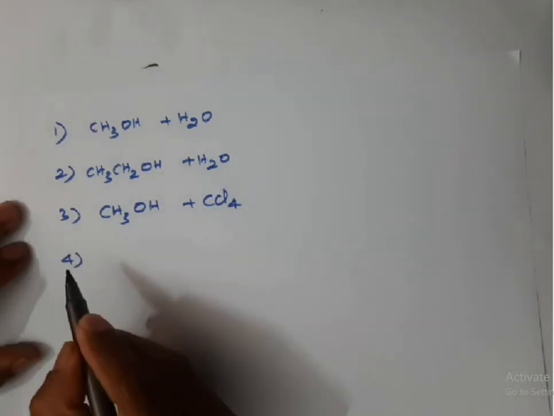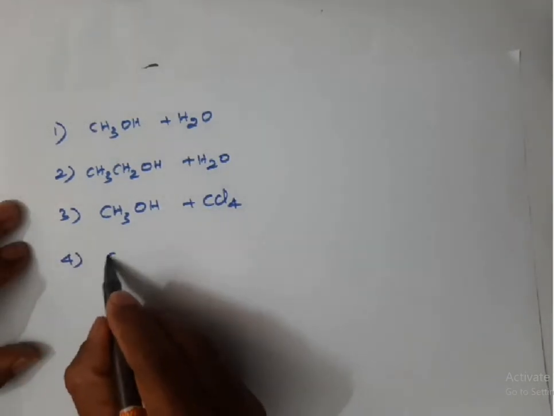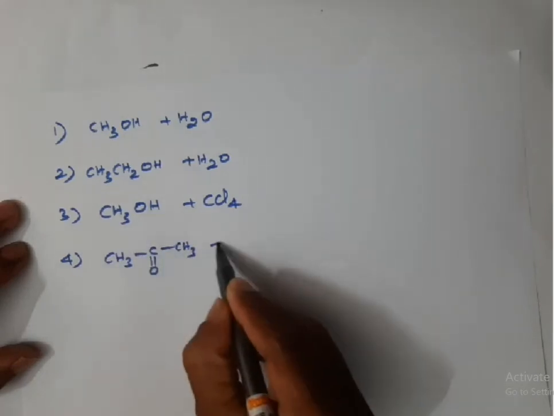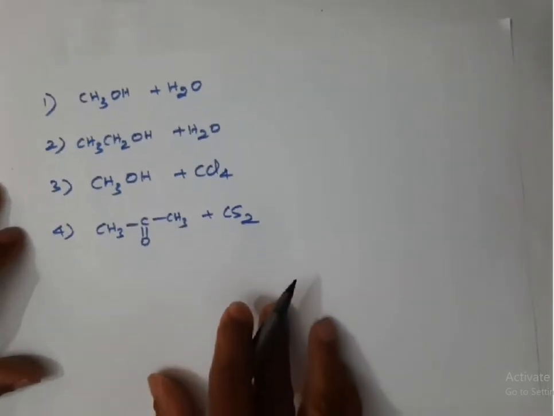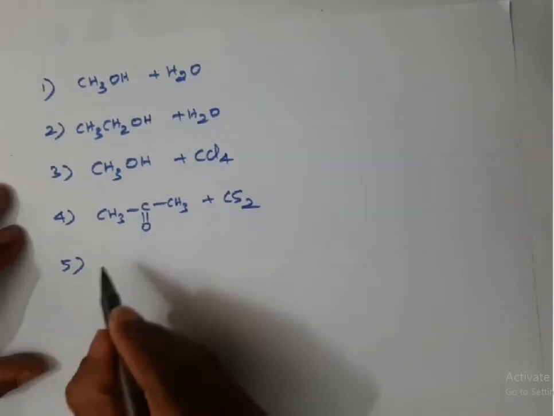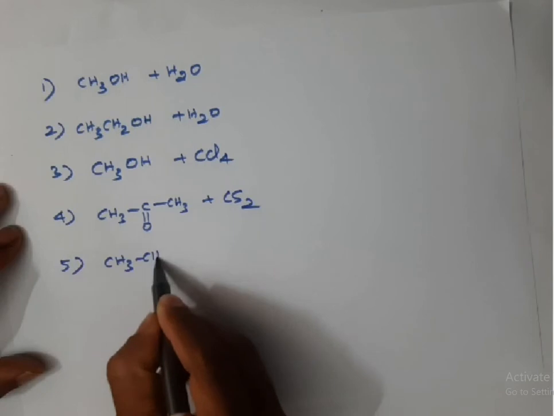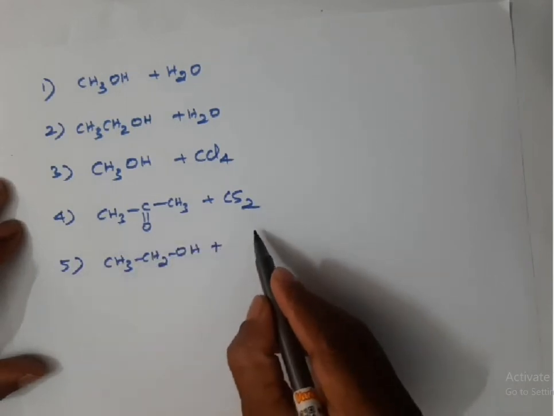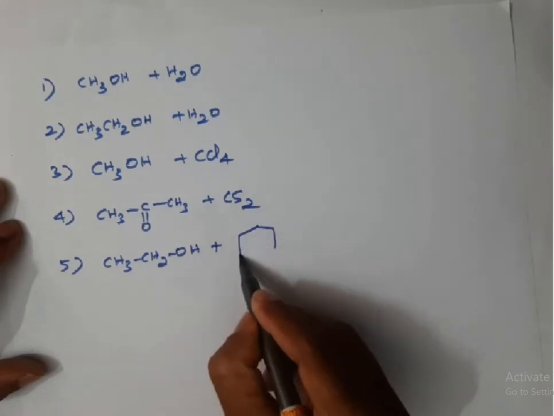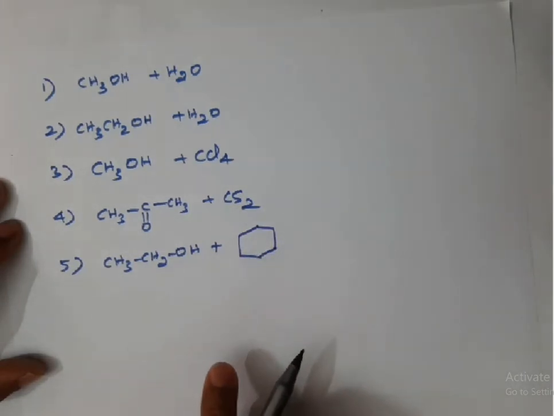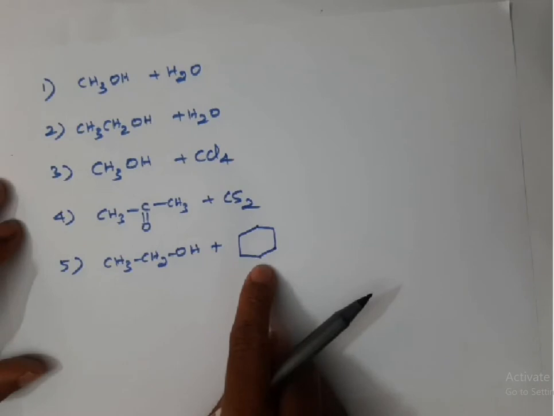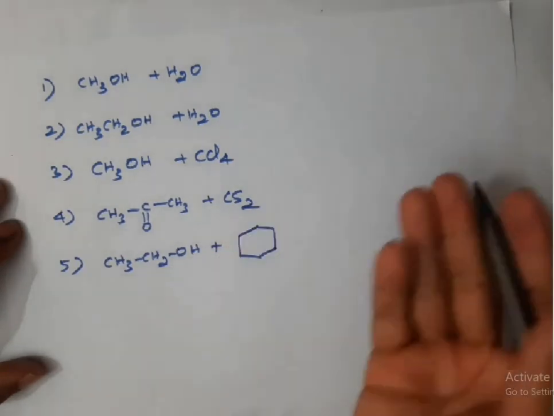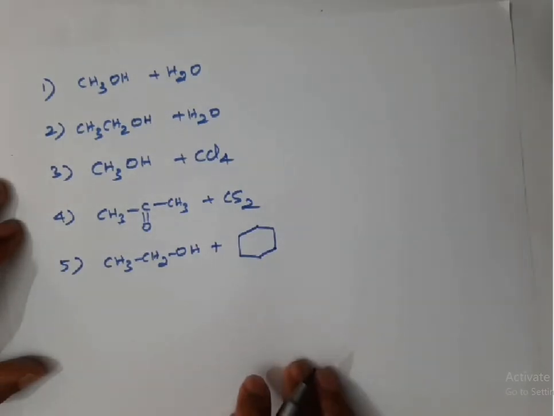Then acetone and carbon disulfide, I gave this example, will form positive deviation. Then ethanol and cyclohexane. Students listen, this molecule is called cyclohexane. If you mix cyclohexane with ethanol, you will get positive deviation.